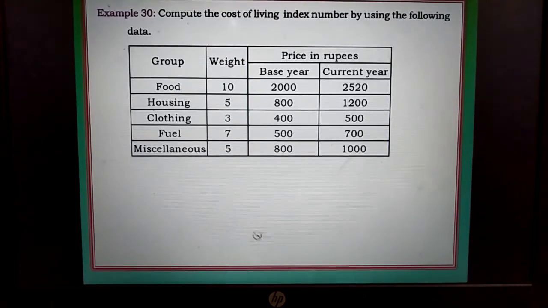So here W is given and base year price is nothing but P naught and current year price is nothing but P1.